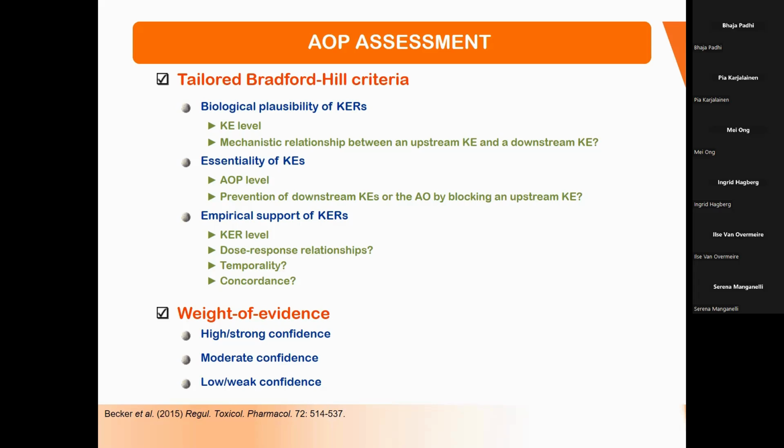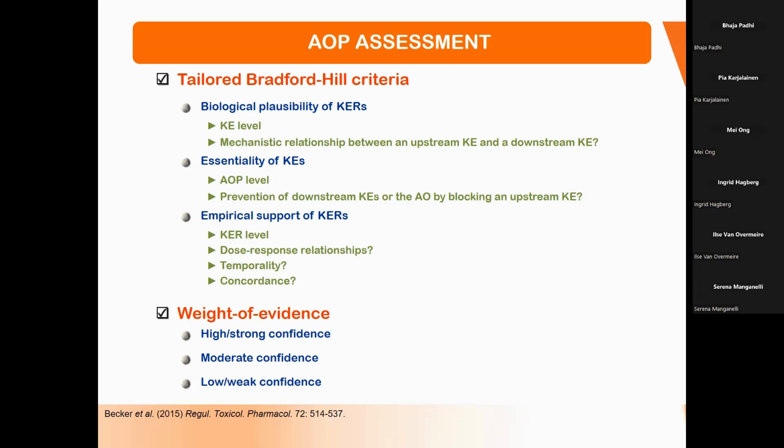And to do this, we rely on what we call the tailored Bradford-Hill criteria. Some of you might be familiar with the Bradford-Hill criteria. That's something that comes from the field of epidemiology, I think from the 1960s or so, which basically tries to establish the minimum criteria in order to establish a link between events.